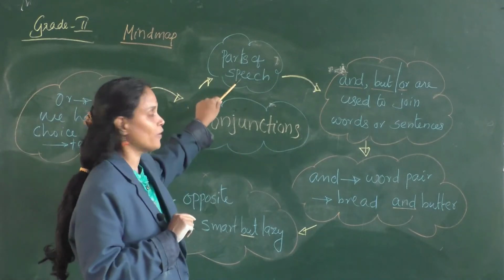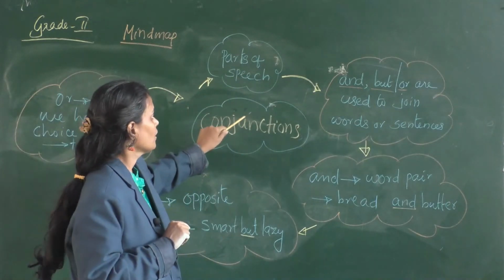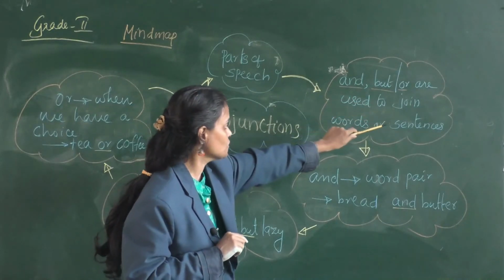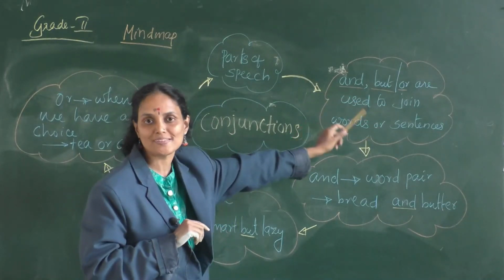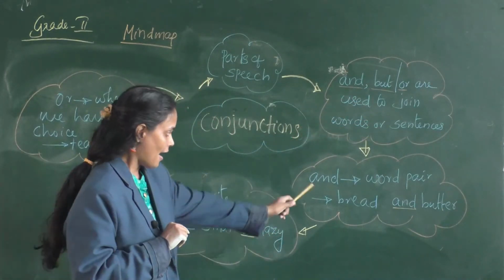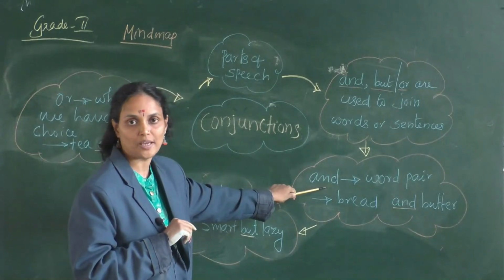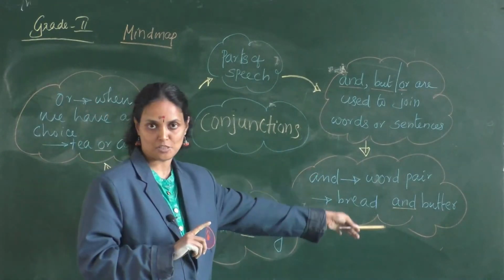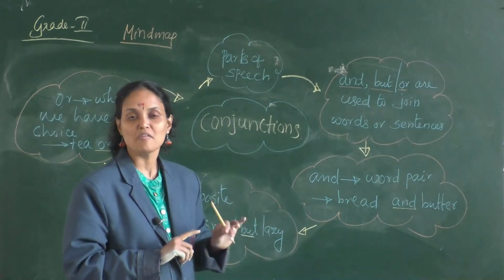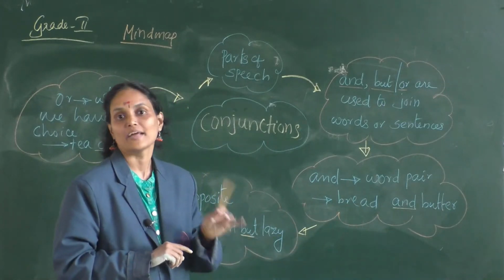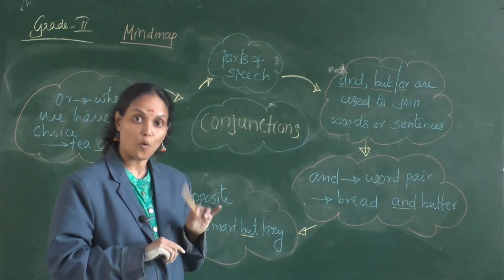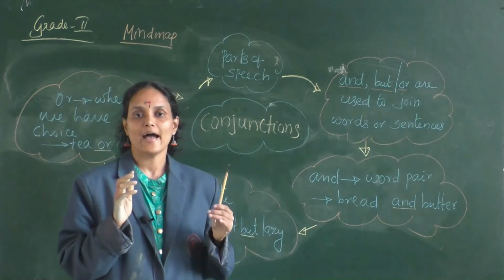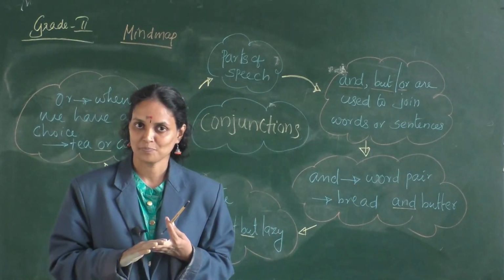Right? Yes, this is one of the parts of speech. And, but, or are used to join words or sentences. And is used to frame word pairs. Example: bread and butter, knife and fork, father and mother, chair and table, etc. And is used to frame two sentences having similar meanings.